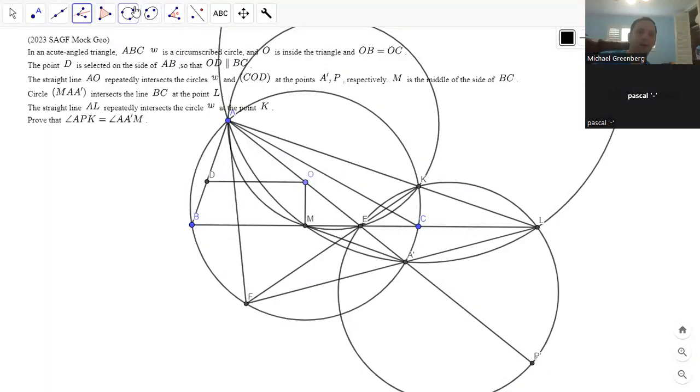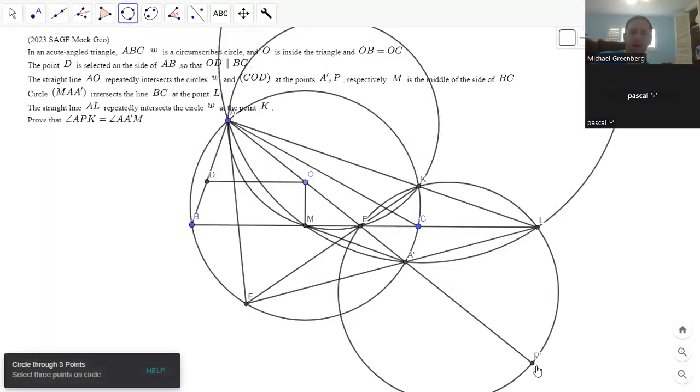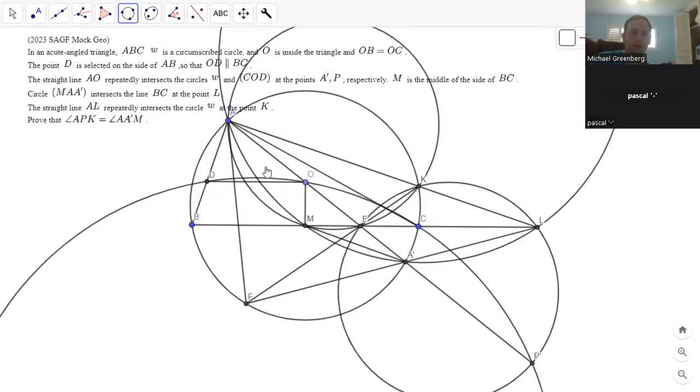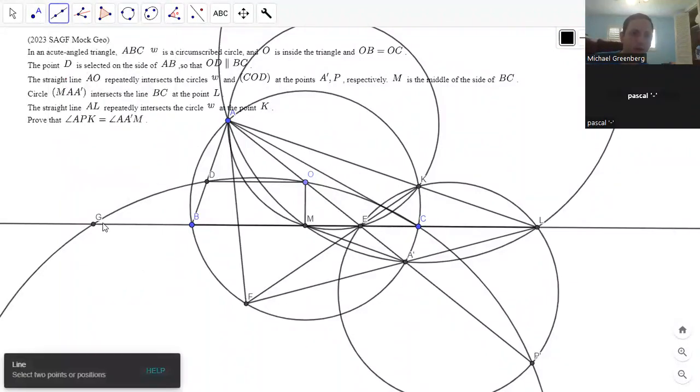But yeah, this problem looks familiar, and I think last time we did it, we might have made an isosceles trapezoid. So I think we made this point, and then this was an isosceles trapezoid, but I just don't remember what we did after that.